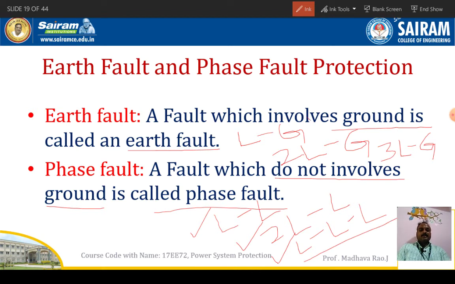Understand, right? The fault which involves ground is called earth fault, and the fault which does not involve ground is called phase fault. So this is the difference between earth fault and phase fault.